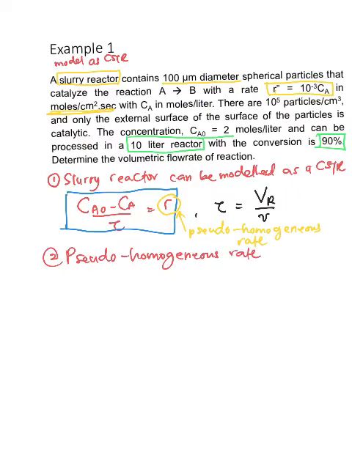So the equation is R equal to A over V times the rate of reaction at the surface, because the reaction only occurs at the external surface.